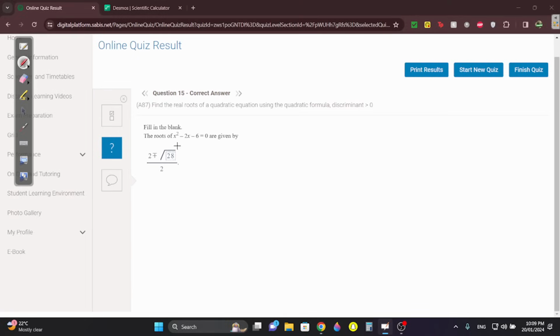Okay, what are the roots? We have to use the formula minus b plus minus radical b squared minus 4ac over 2a. To make things way easier for you, the first thing I like to do is find the discriminant, b squared minus 4ac. That's the easiest way, and that's how they explain it in the book. b squared will be negative 2 squared, which is 4, minus 4 times a times c.